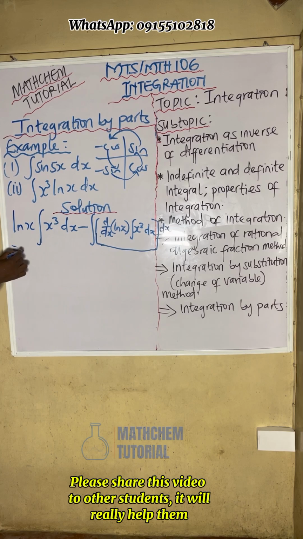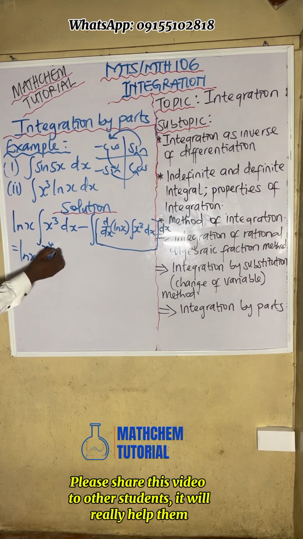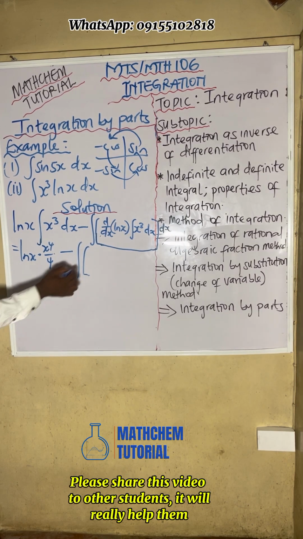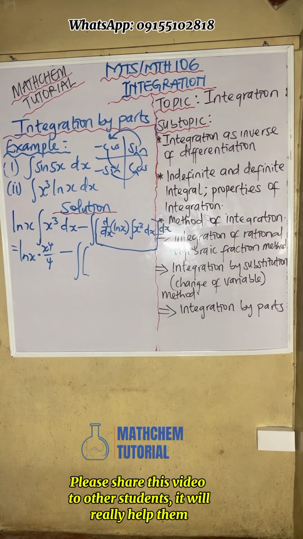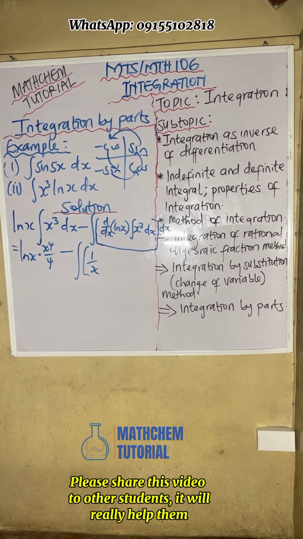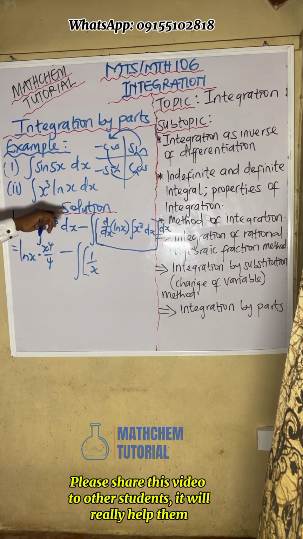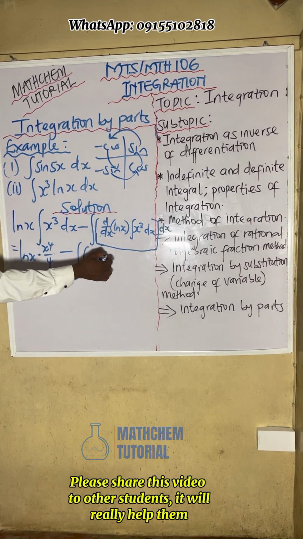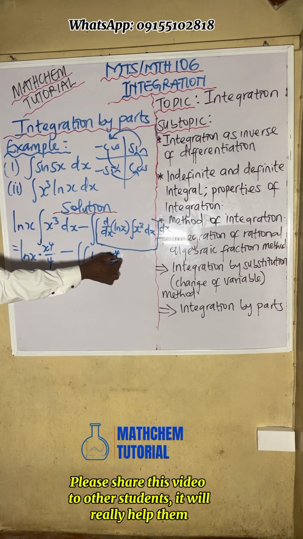So continually we have ln x. If you integrate x cubed, that will give me x to the 4 over 4, then minus the integral of everything in that bracket. If I differentiate ln x, that will be 1 over x. Remember, they are opposites: if I integrate 1 over x, I'll get ln x, and if I differentiate ln x, I'll get 1 over x. Then if I integrate x cubed there, I will have x to the 4 over 4.